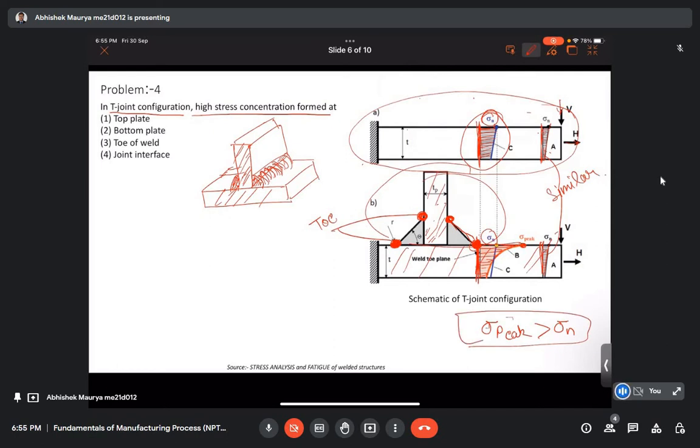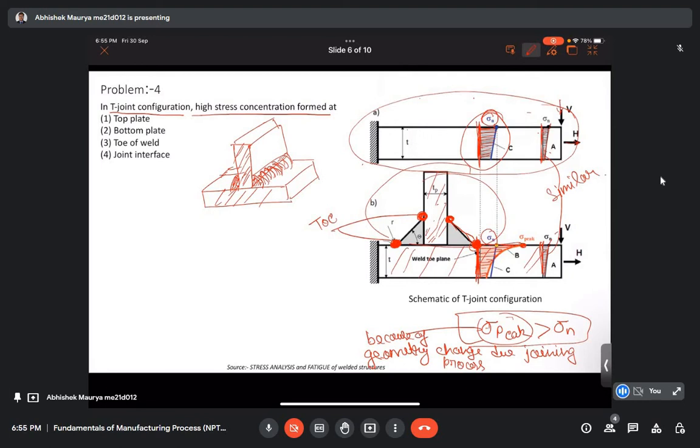This peak value comes because of the T joint, because of the geometry change due to the joining process, and this region is called the toe.